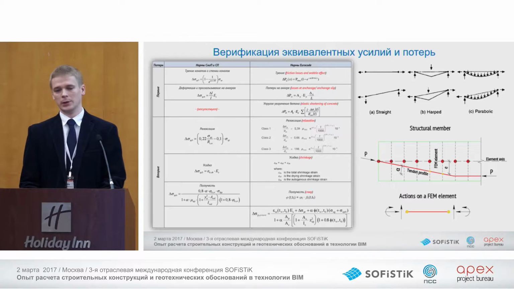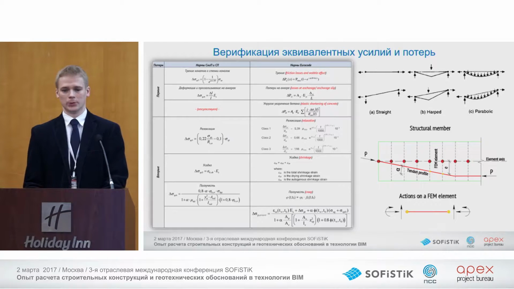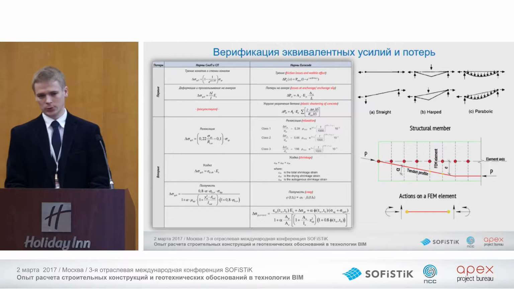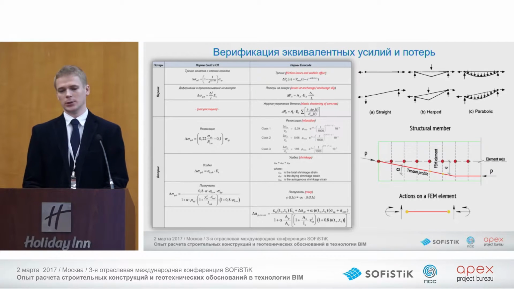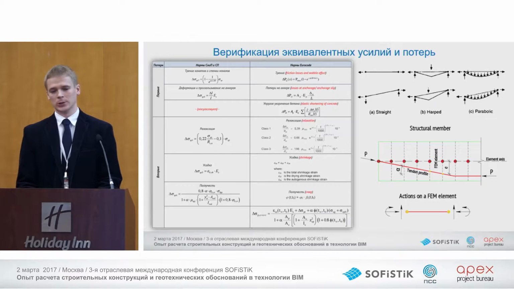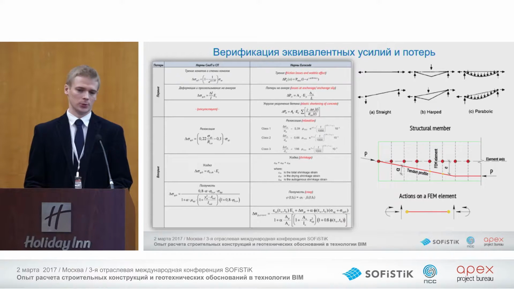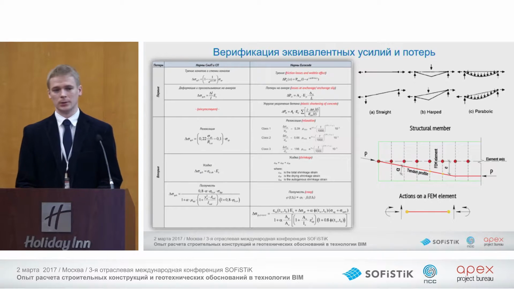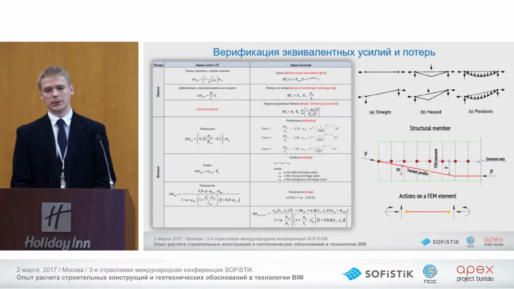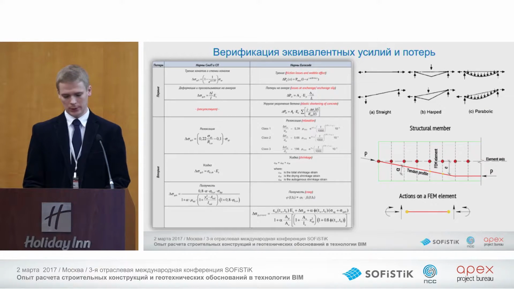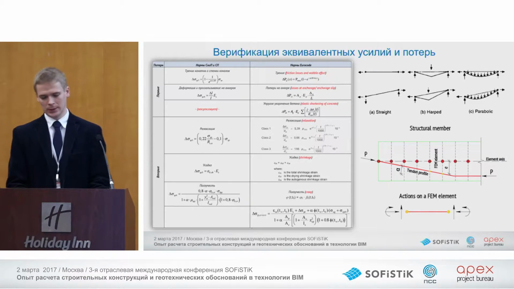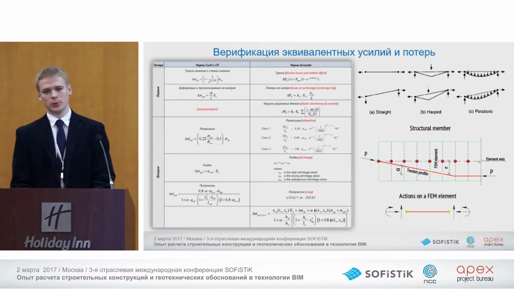And this one, verification of forces and losses. Here we compared to manual calculations, and the difference between manual calculations and SOFiSTiK calculation is less than 1%. So it's very accurate and can be highly trusted.